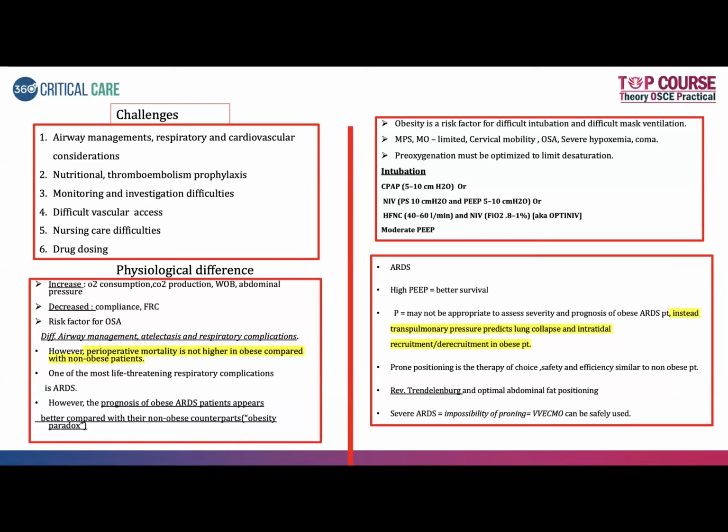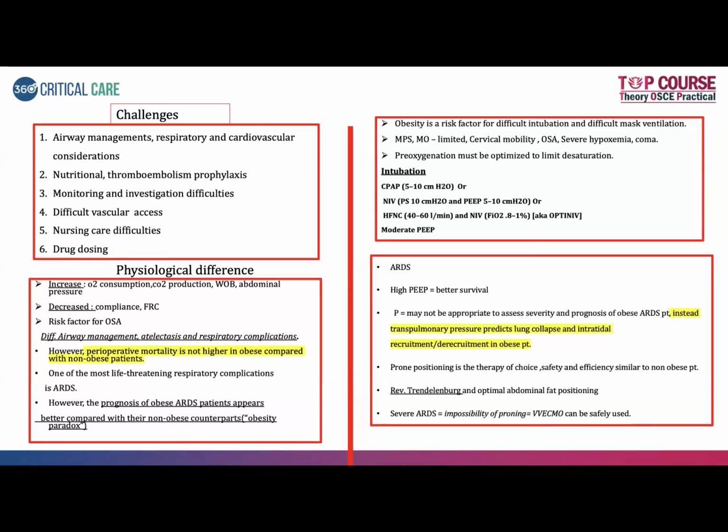Looking at the physiological differences, obese patients have high oxygen consumption, CO2 production, and increased work of breathing because of the high intra-abdominal pressure. The compliance of the respiratory system is decreased. The FRC is also decreased. They are at risk of obstructive sleep apnea syndrome.